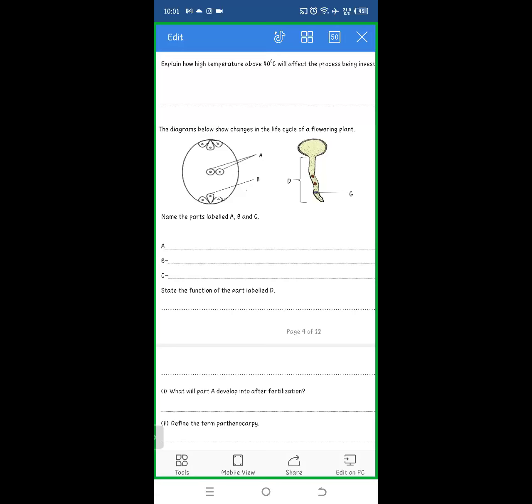Please, this diagram of the ovum or the egg cell, I want us to note something. It can always be drawn in a manner likely to confuse us. How? Remember, when double fertilization is taking place, there is that point we call the micropyle.